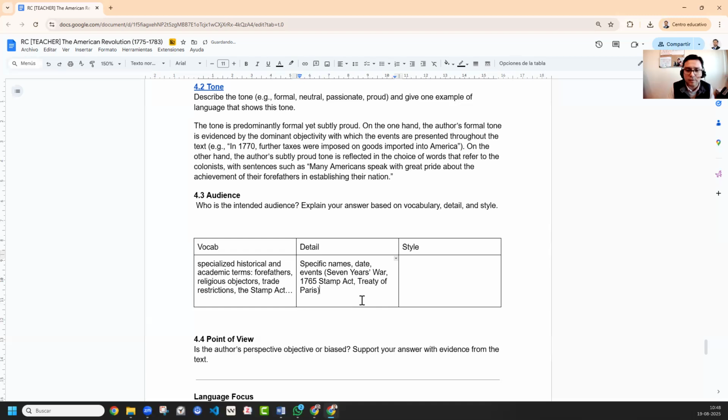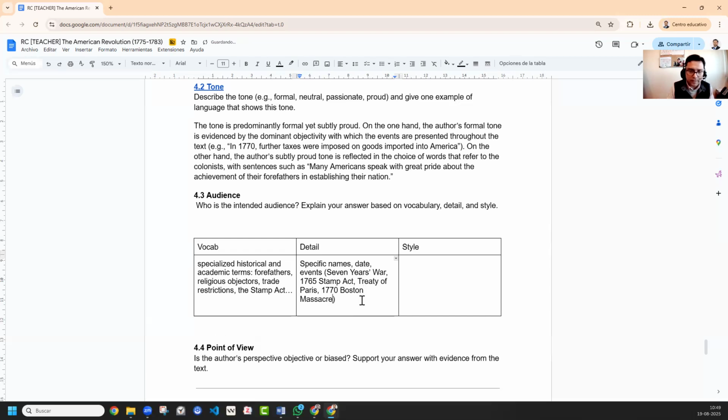So remember, this is not our final answer. This is the thought process that will lead us to the final answer. The Boston Massacre, etc. Okay, that's enough.